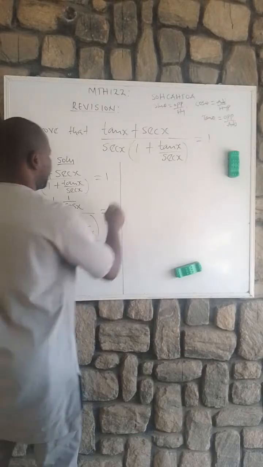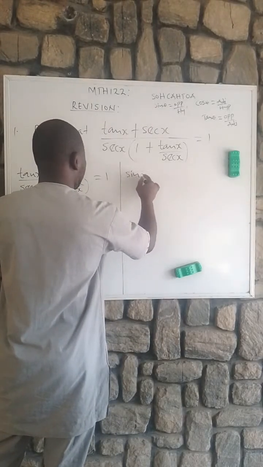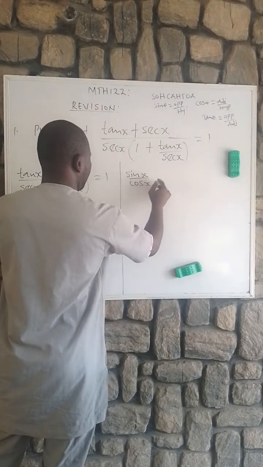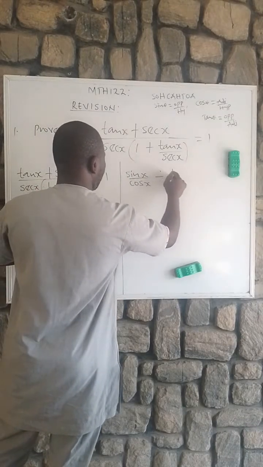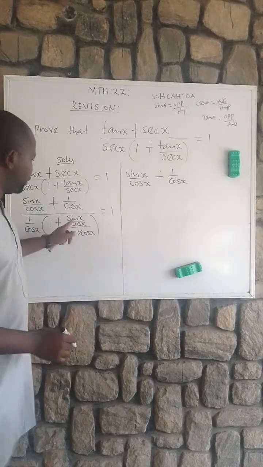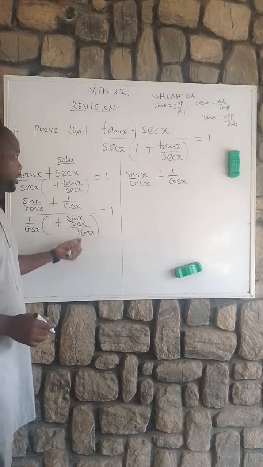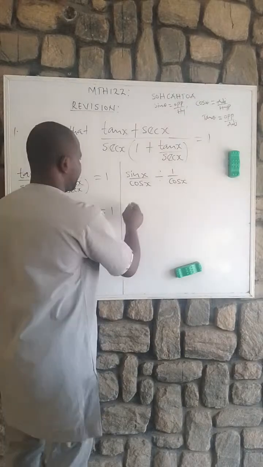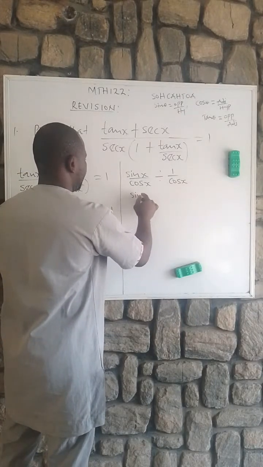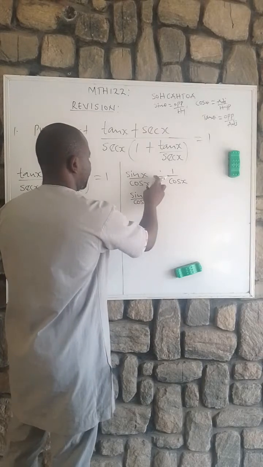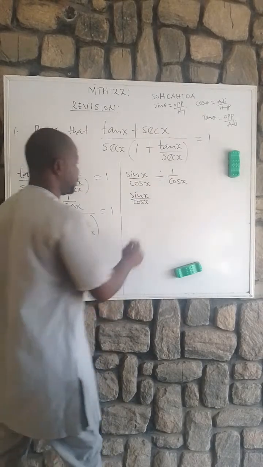Let's consider this. If we have sin x all over cos x, then divide 1 all over cos x. You just want to consider this, the bracket, this side. It means this is the same thing as sin x all over cos x. Convert this to multiplication, right?